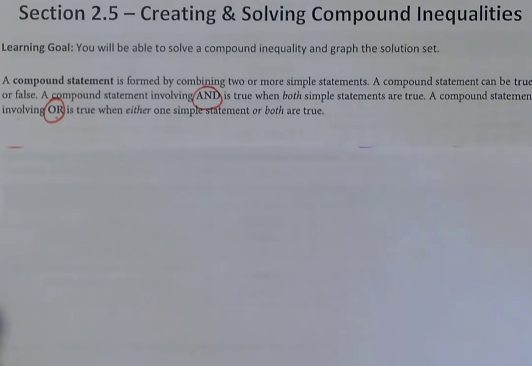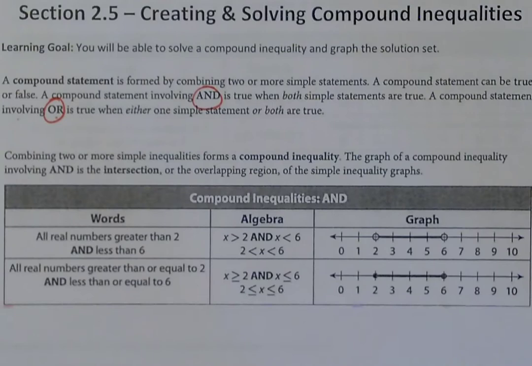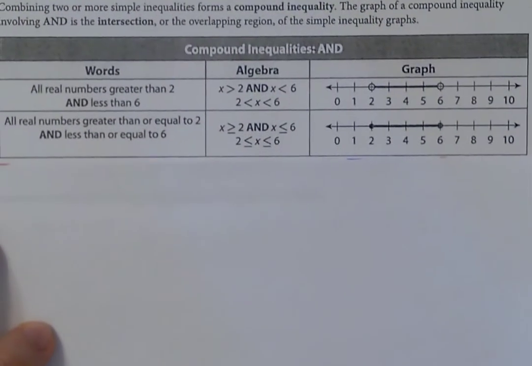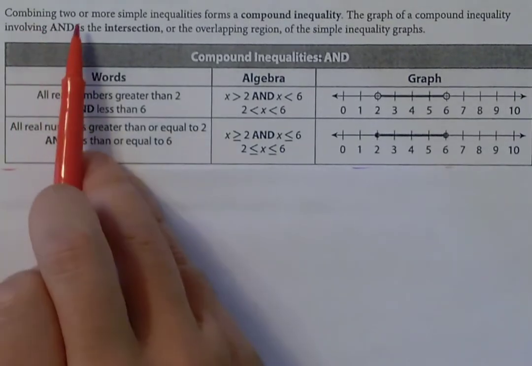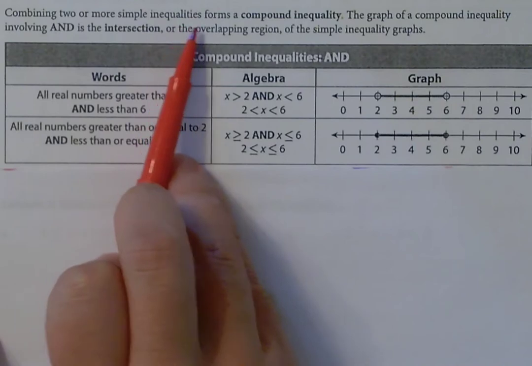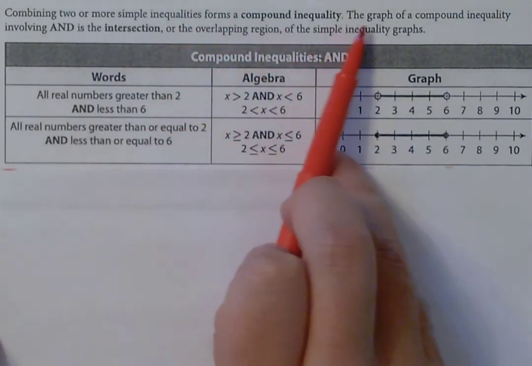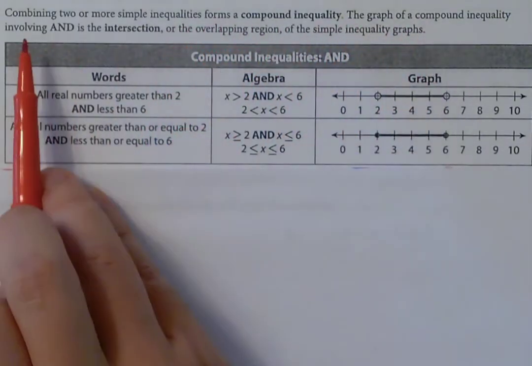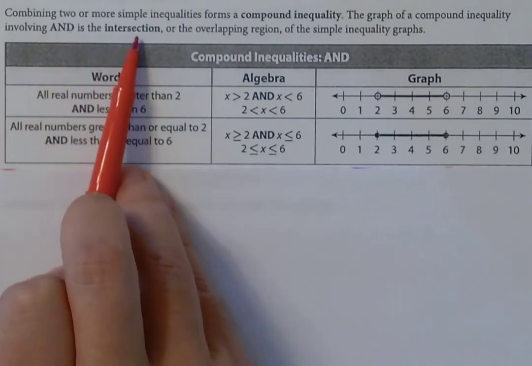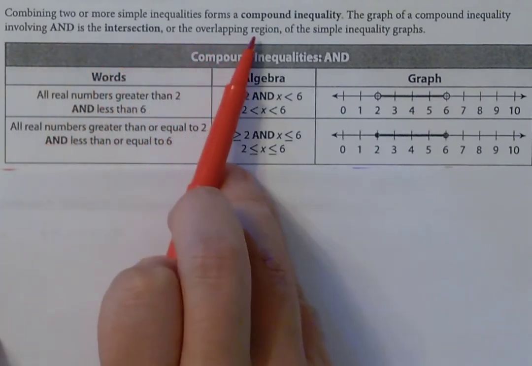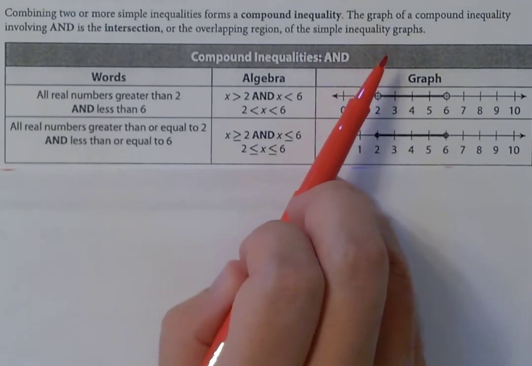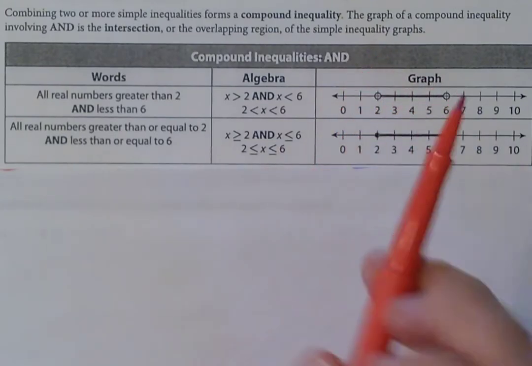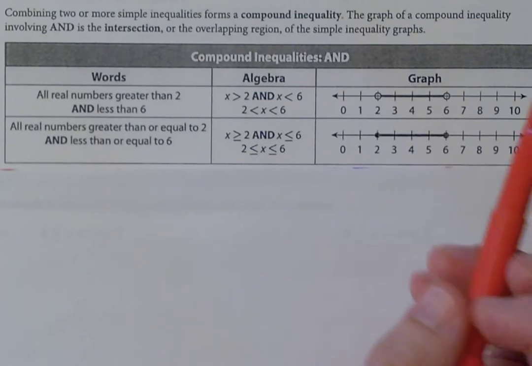So let's talk about what an "and" statement is going to look like. Let's move this up so we have a little less wording to look at. Combining two or more simple inequalities forms a compound inequality. The graph of a compound inequality involving "and" is the intersection or the overlapping region for those two parts. There's a couple ways that we can have compound inequalities.